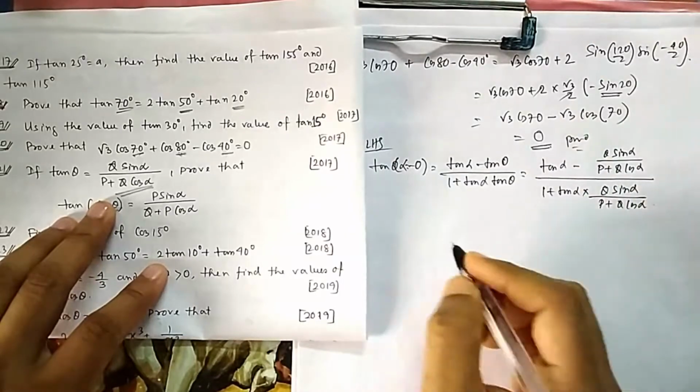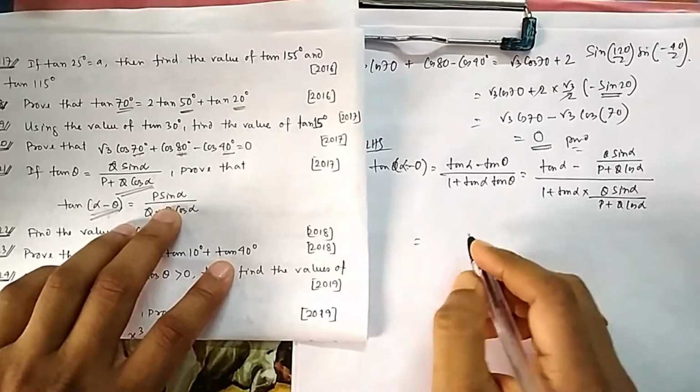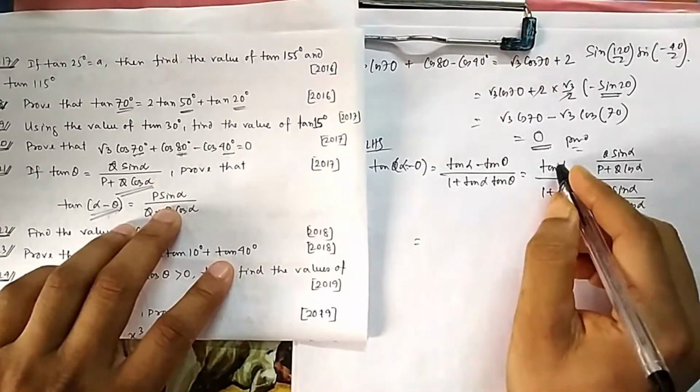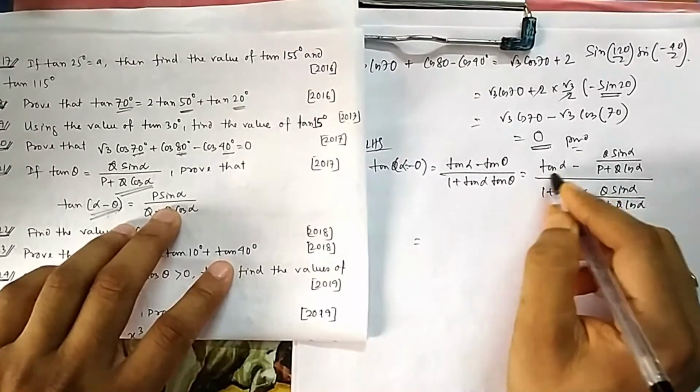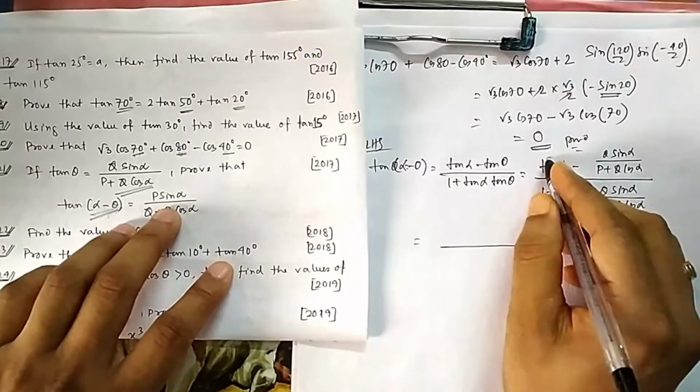I will change everything into sin and cos. Now you can take the LCM. You can write one more step, and I am directly taking the LCM. So tan is sin divided by cos.